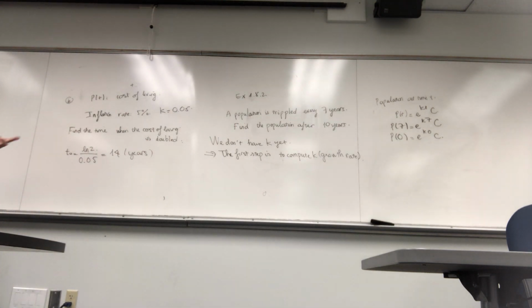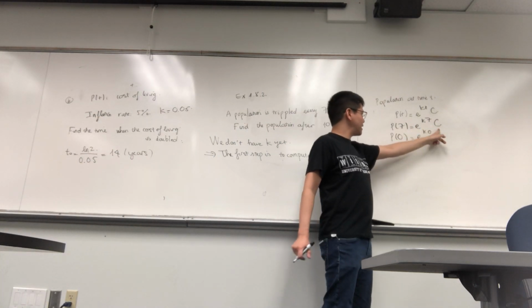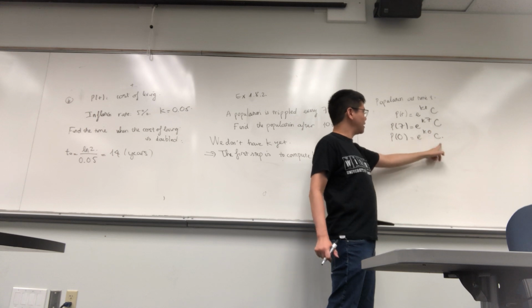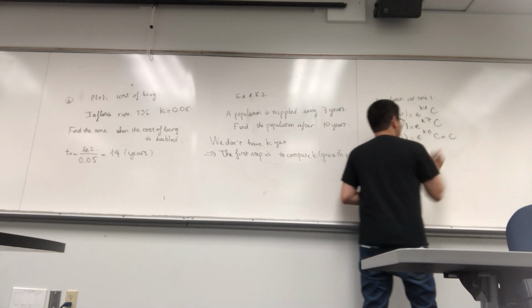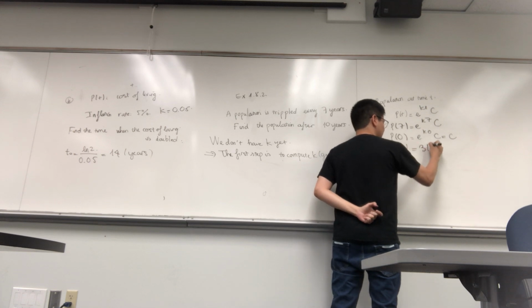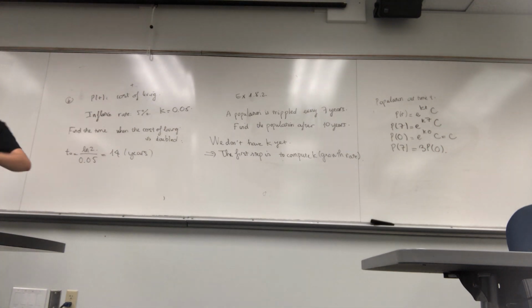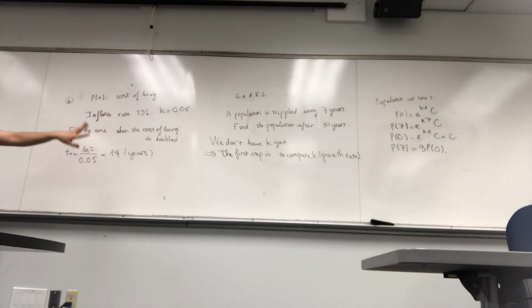All right? You're gonna compare P7 and P0. So P7 will be e to the k 7 times c, and P0 is e to the k 0 times c, which is c. So you know that P7 is 3 times P0, right? So after 7 years, the population is triple.